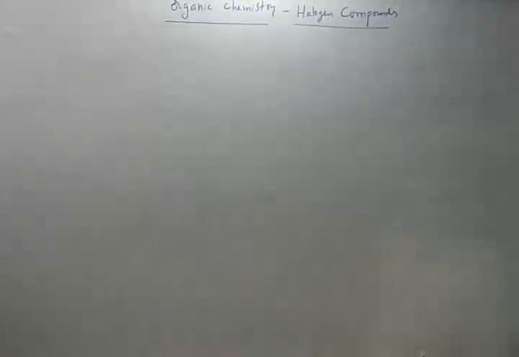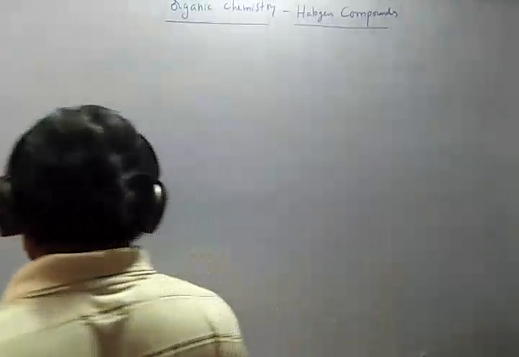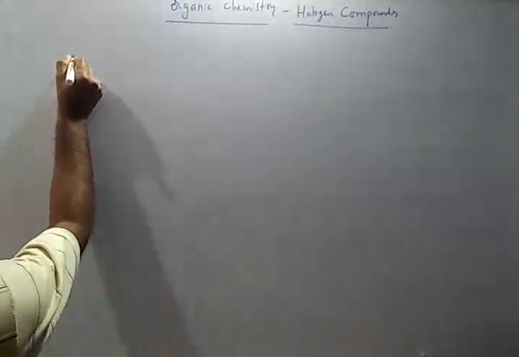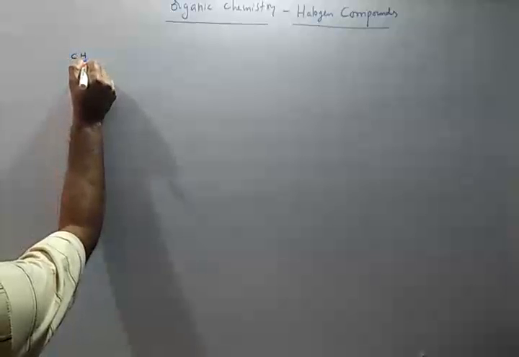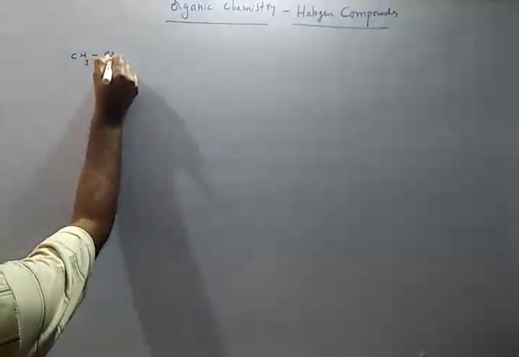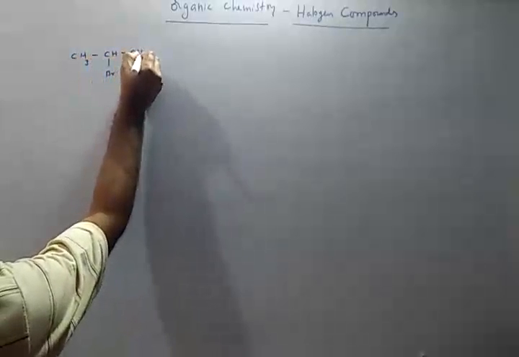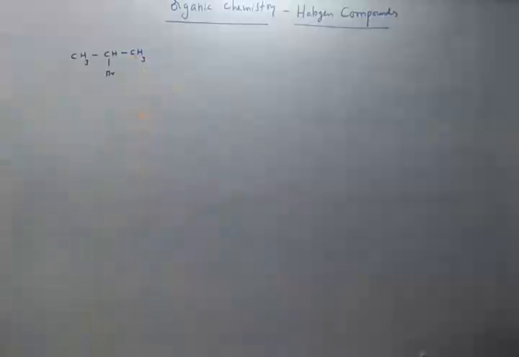Now I am taking another example, isopropyl bromide. That means we have CH3, CH with Br here, and CH3 here.